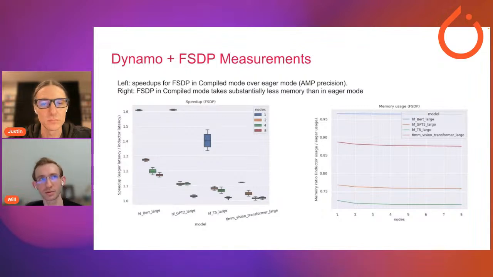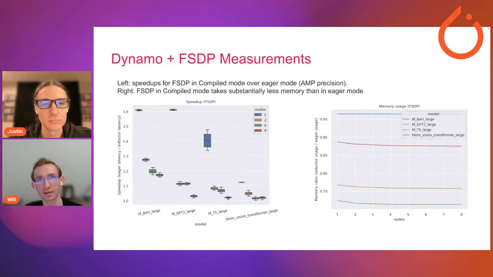And PyTorch 2 has some additional features to target memory savings, which combine rather nicely with FSDP. So that's what explains the right graph. These models actually use less memory when you're using PyTorch 2 and FSDP together than they did if you were just using FSDP by itself.